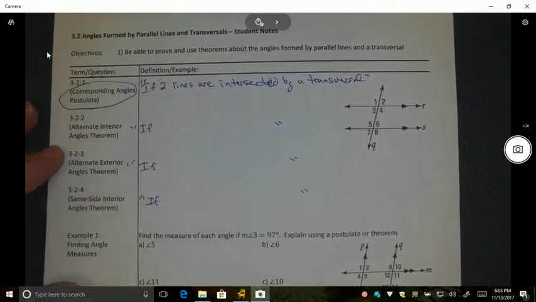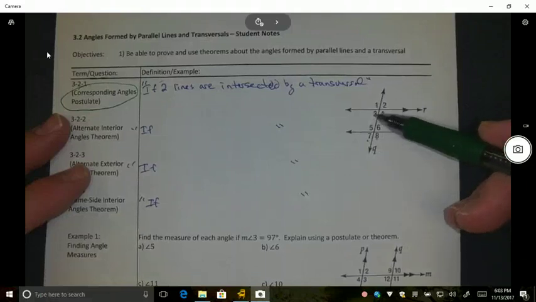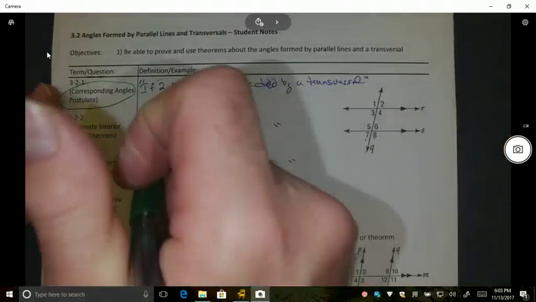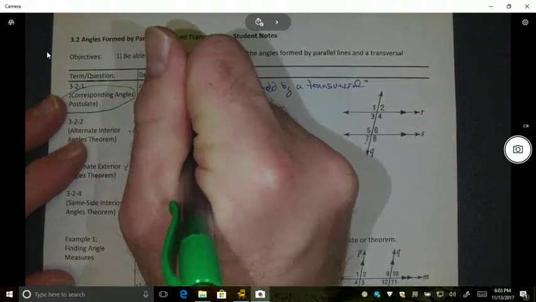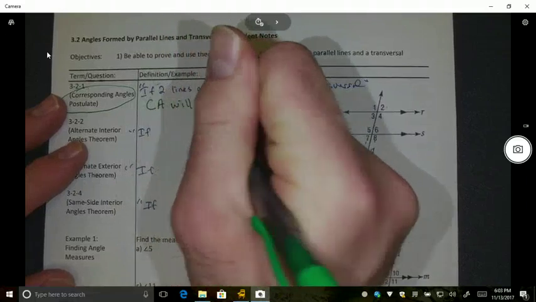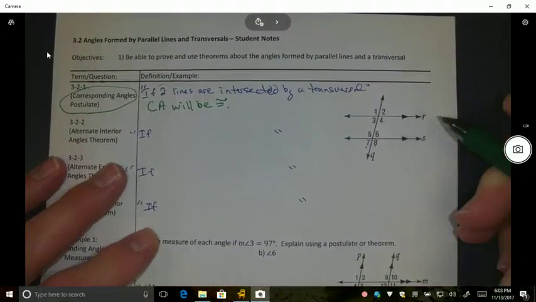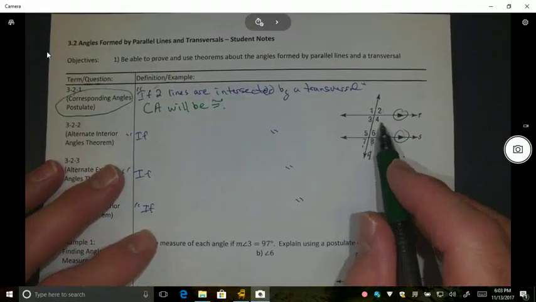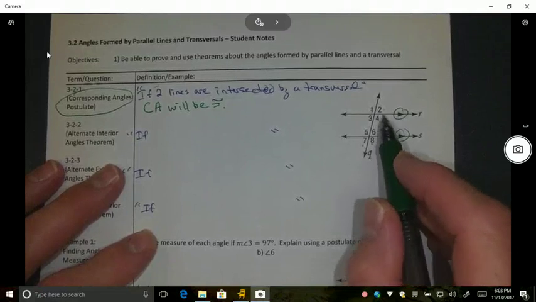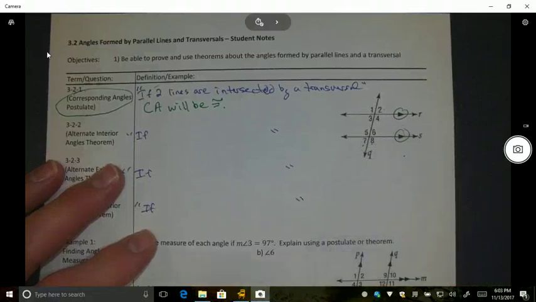For corresponding angles, which we know there are four sets in this picture, 4 and 8, 3 and 7, 1 and 5, 2 and 6, the corresponding angles will be congruent. So in this particular problem, because these lines are given as parallel and the transversal intersects them, 4 and 8 will be congruent, 2 and 6 will be congruent, 1 and 5 will be congruent, 3 and 7 will be congruent.